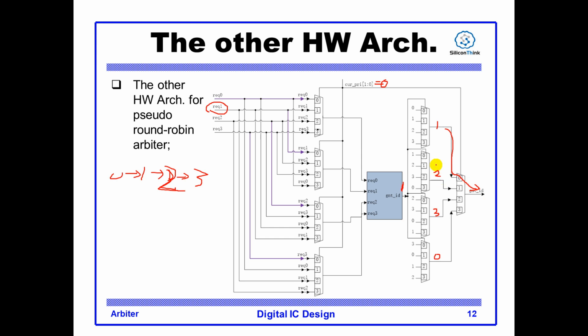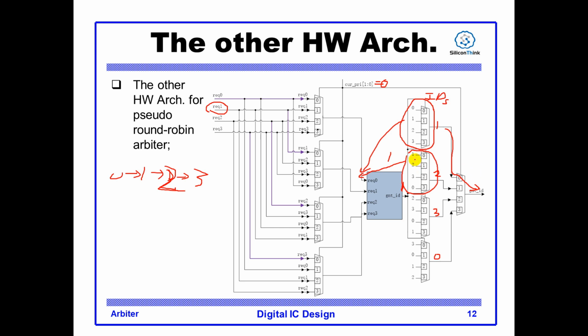You can say the output of this mux is the IDs of the inputs when the priority is 0, and the mux value here is the IDs of the inputs when the current priority is 1.